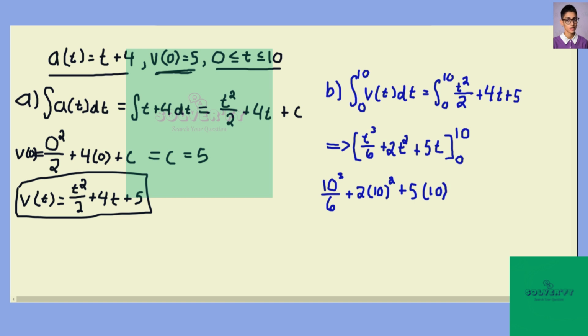And when you evaluate this out, you should have 1,000 over 6 plus 200 plus 50. And when you evaluate this out, finally, your final answer will end up being about 416.67. And this would be the distance that was traveled.